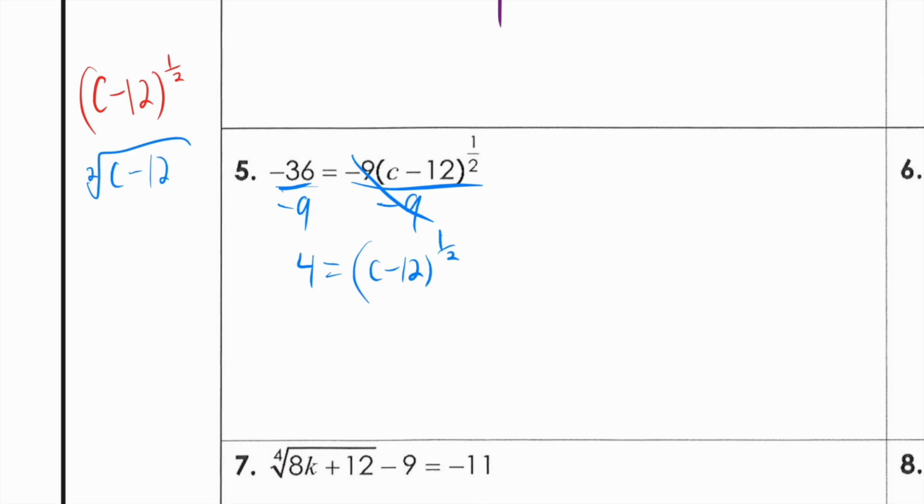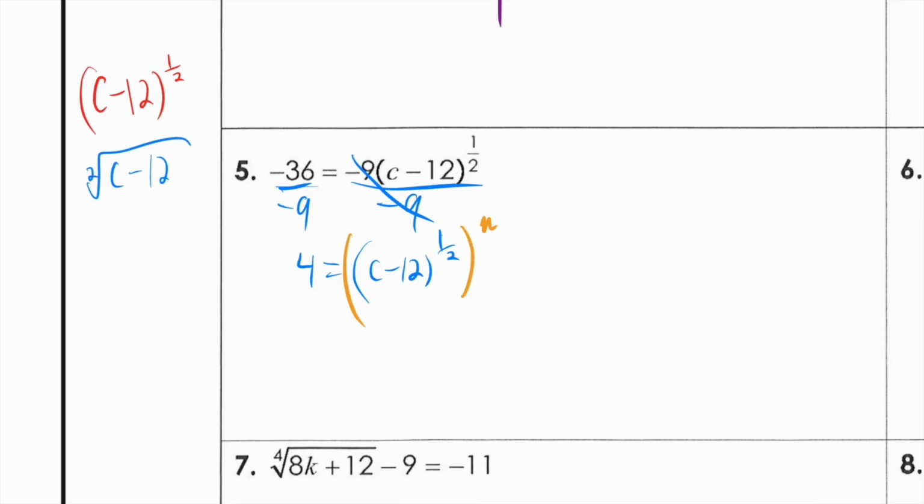So now I need to undo the power of 1/2. Well, how I undo the power of 1/2 is I want to try and get this to be just a power of 1. If I get that just to be a power of 1, that's just c minus 12. So I need to think, okay, what can I do to accomplish that? Well, if I raise this to the power of anything, the new exponent is going to multiply with this exponent.